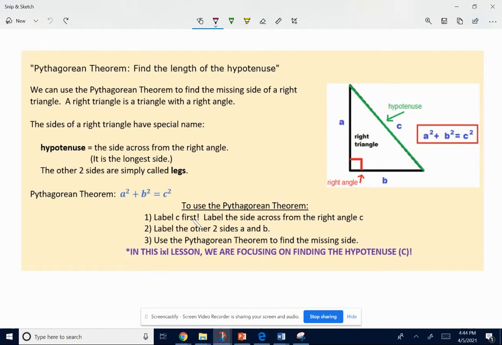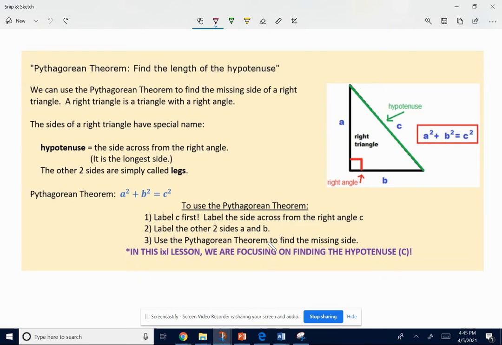You'll make fewer mistakes. C has to be across from the right angle. Do that first so you don't get mixed up. And then label the other two sides A and B. Then you're going to plug those numbers into the Pythagorean theorem to find the missing side.